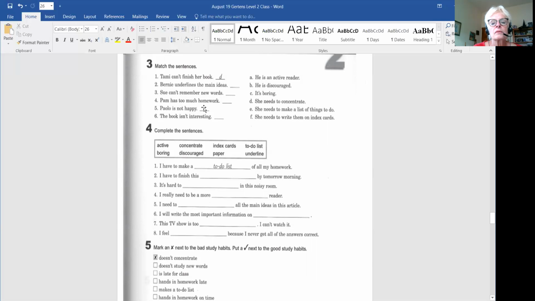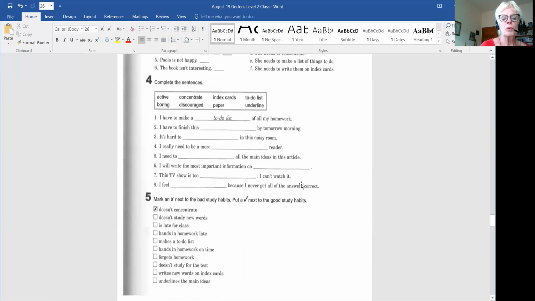Well, if she's not happy, we don't know. Maybe she's discouraged, or maybe she needs to concentrate, or maybe she needs to make a list of things to do. But we had a hard one with that because Paola is a girl, and we decided that she is discouraged, not he. The book isn't interesting goes with it's boring.